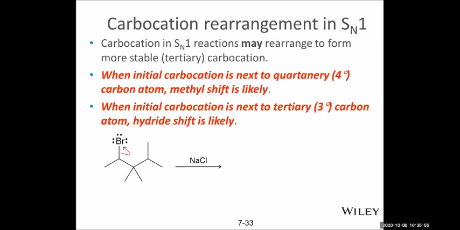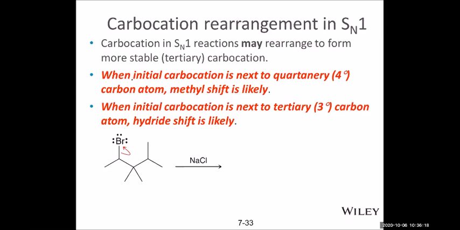So either a hydride shift or a methyl group moves around, changing the location of the carbocation. Since the SN1 reaction goes through the carbocation, the hydride or methyl with electrons can move, but it's not for no purpose.